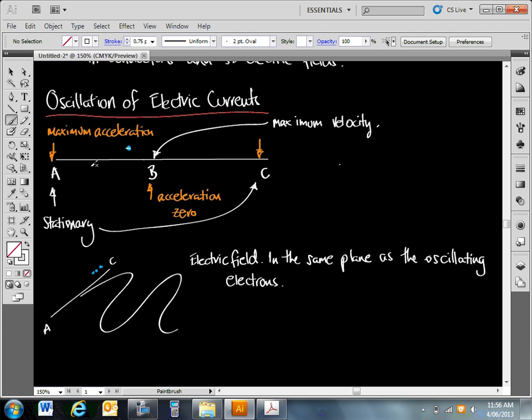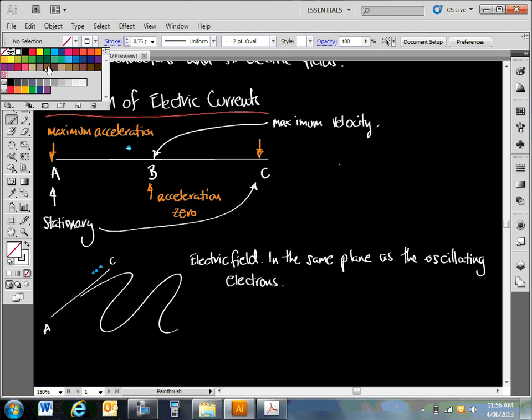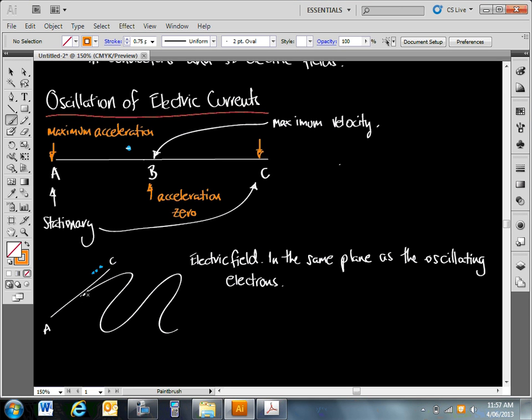If I have a changing electric field, does anybody know what else I will have? Yeah, a changing magnetic field, won't I? So in this situation, a changing magnetic field would look like this, and my drawing won't be very good. It's going to be at right angles to that electric field.